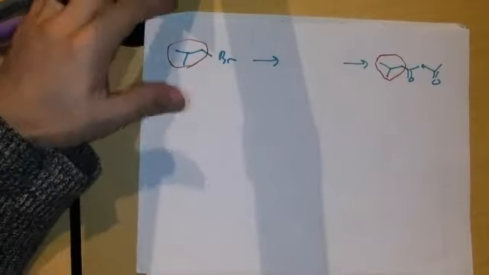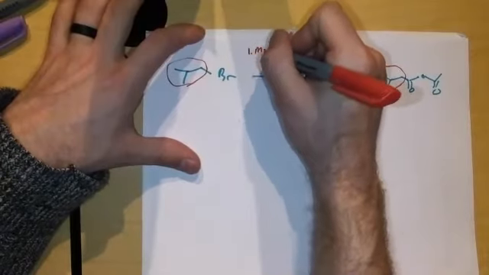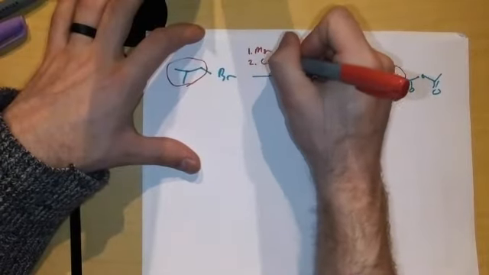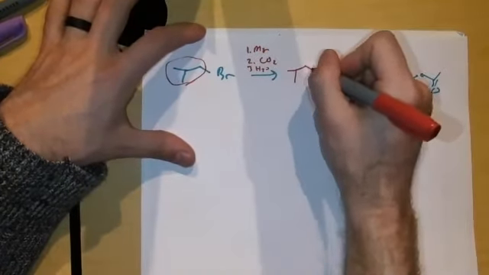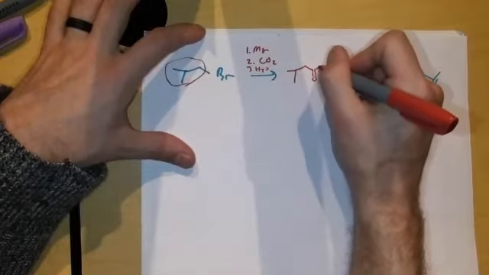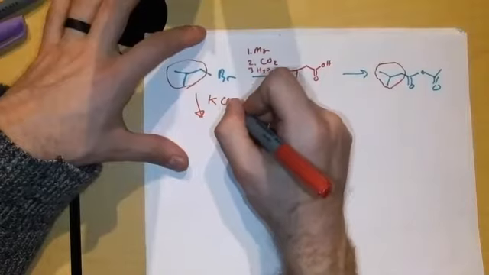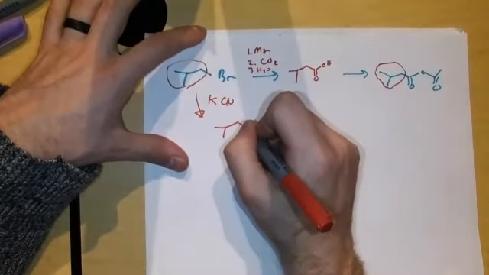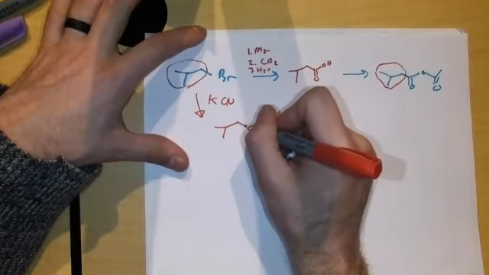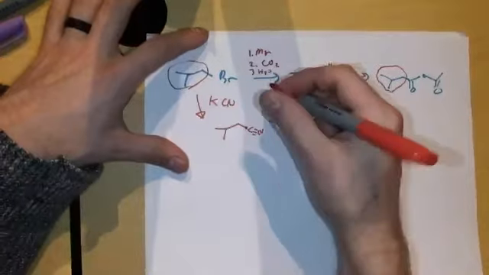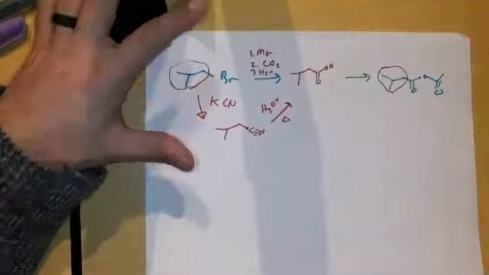I can either add Mg followed by CO2 followed by water, or you could also add KCN followed by H3O plus and heat. Both of those get you to the same thing.